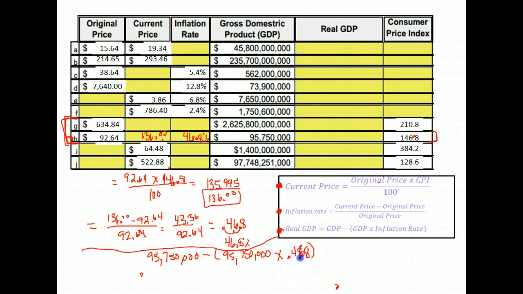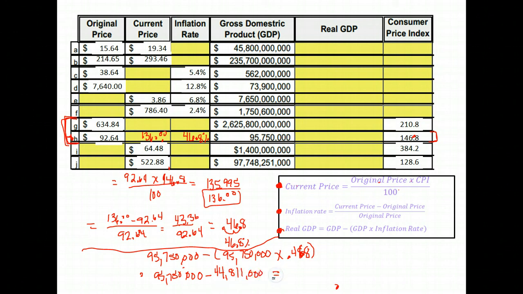So our first job is to go ahead and take that 0.468 times our GDP of 95,750,000. So now I have 95,750,000 minus 44,811,000.